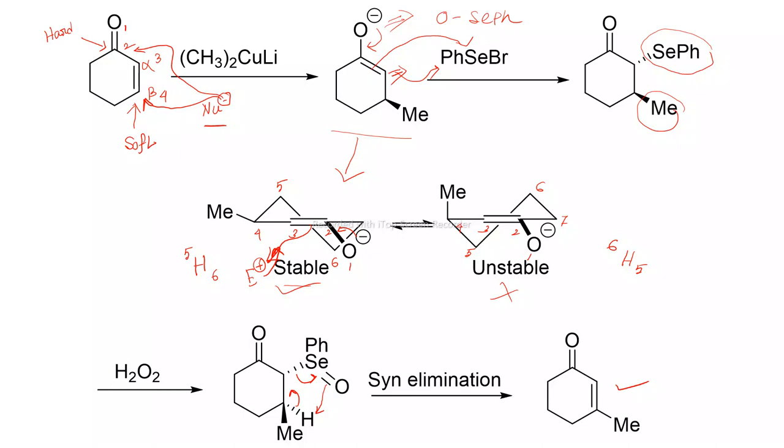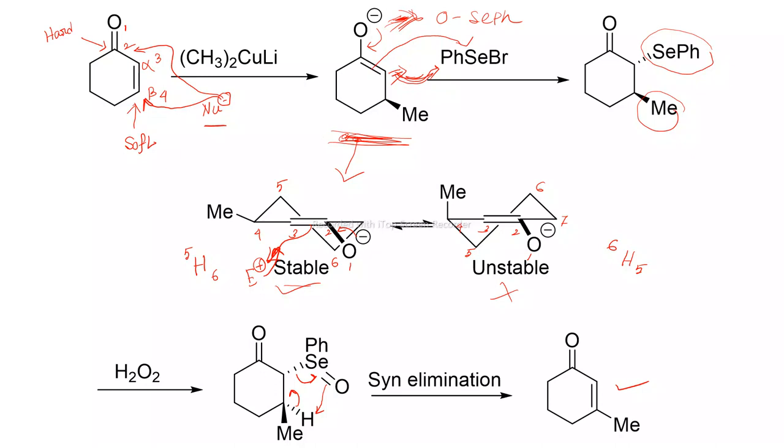In this molecule, there are two centers, so two attacks can be possible. Oxygen attack is also possible, and this C attack is also possible. So why is oxygen attack not happening here?